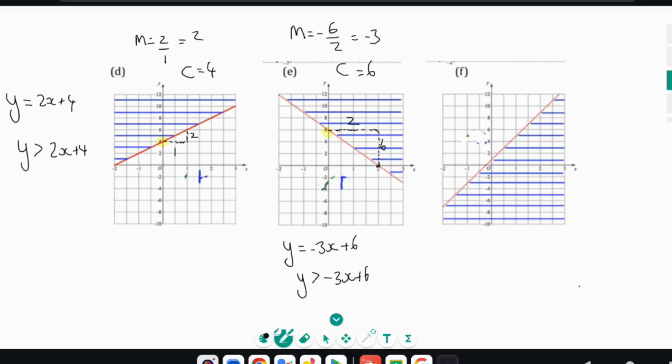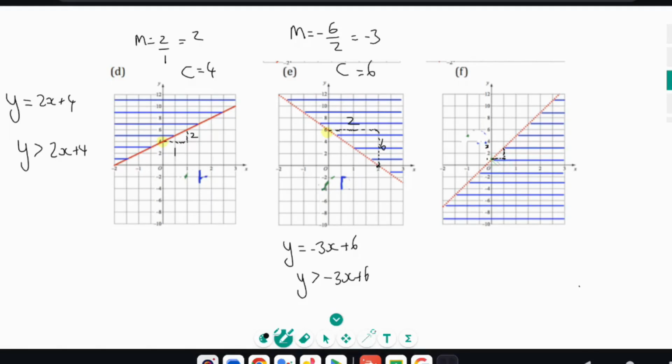Again, where to draw the triangle? Well, this is another tricky one because it didn't really go through any full squares. I'm going to say that's 1 there, and that's 3, like on the y-axis. Do you see what I mean? That's 1, and that's 3.